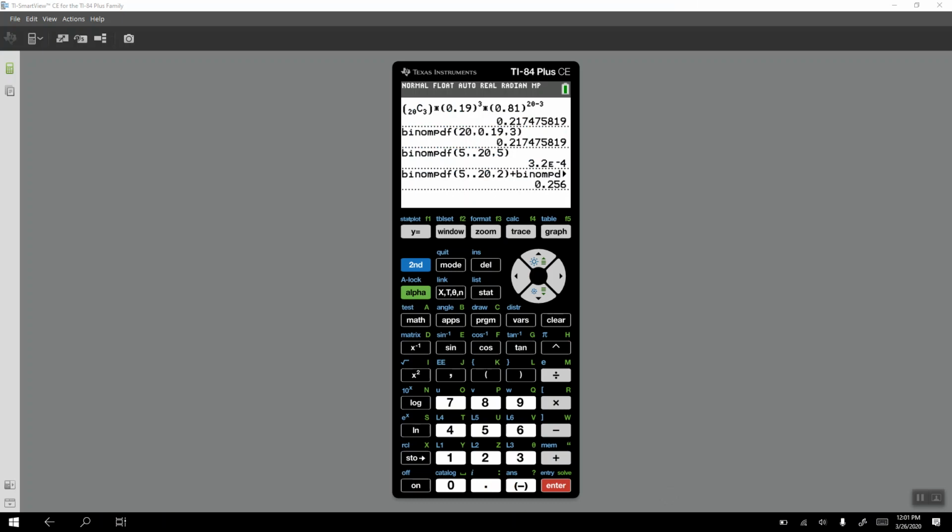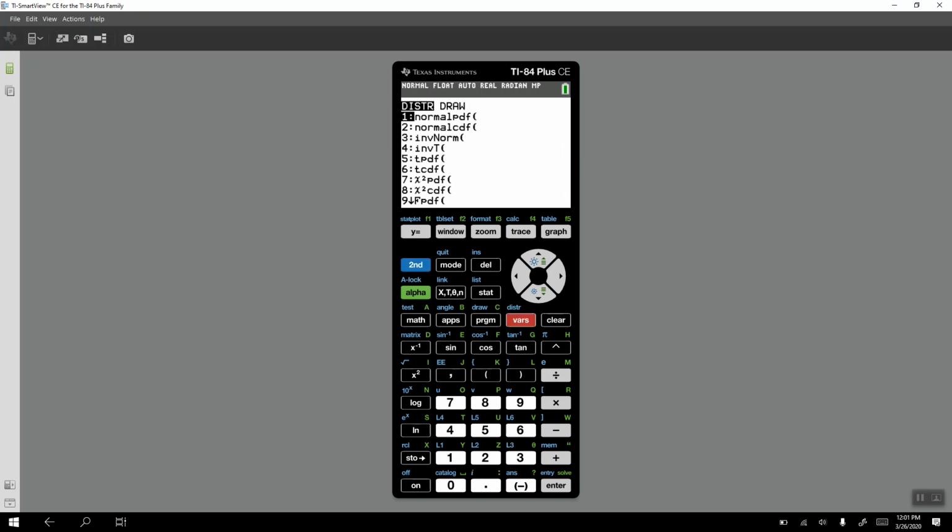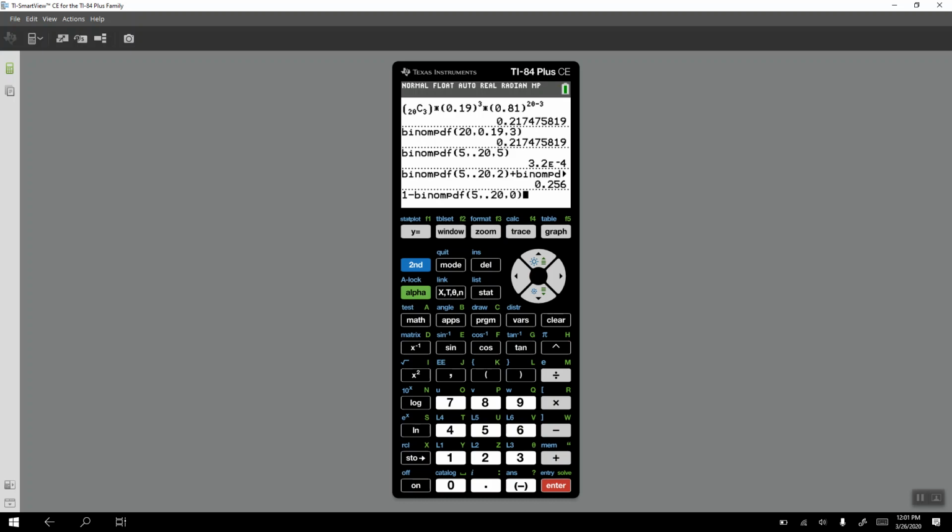Here we go. 1 minus, I need the binomial, here we go. I want binomial PDF, 5 trials, probability of success. However, this was no selection. Here we are. So this entry looks exactly as I wrote it.